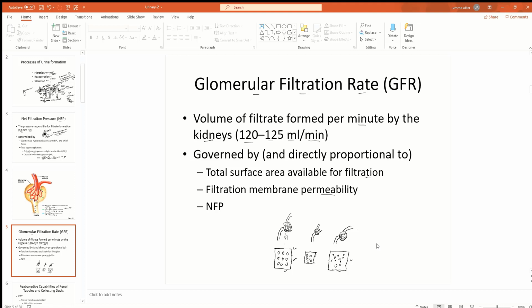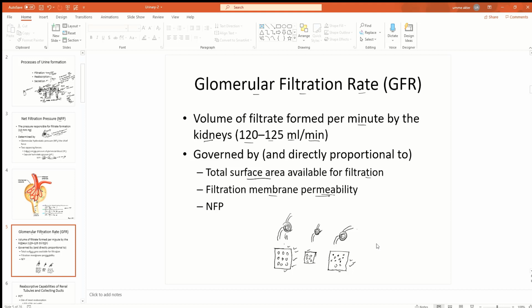Although the size is the same, so one is the total surface area. If you compare these two, this one has more surface area, so this one will do more filtration. Another is the permeability, which is also a factor. Permeability of this one is better than this one.